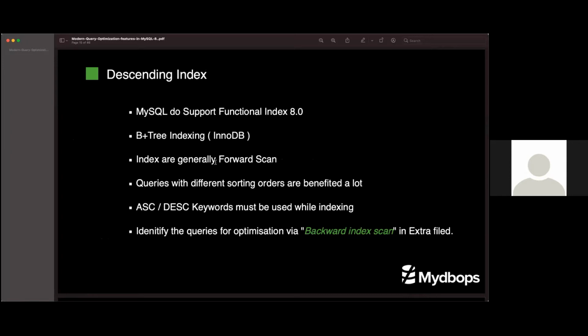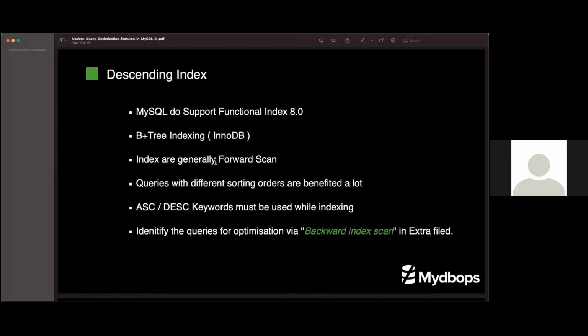So MySQL does support descending index from MySQL 8.0. And again, B-tree: by default, it is a forward scan. If you look at the leaf nodes, your data is arranged in the leaf nodes and they're scanned in the forward direction. Does the reverse order work?